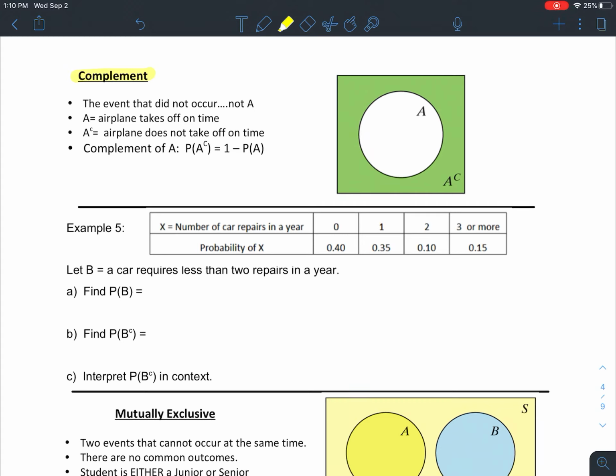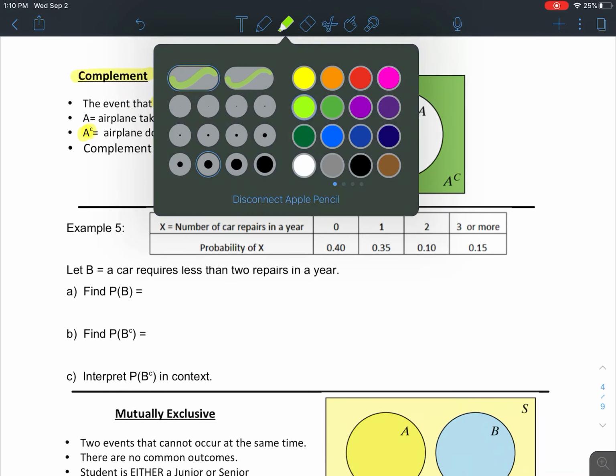Let's go ahead and flip to the next page here. Talk a little bit more about complements. We've said that the complement is referring to an event not occurring. If we were to define event A as an airplane taking off on time, the symbol we use to represent a complement to an event is a little c in the exponent.